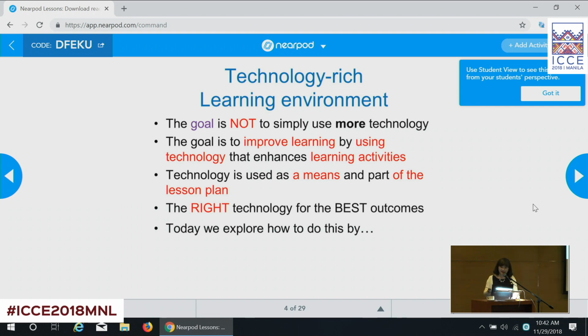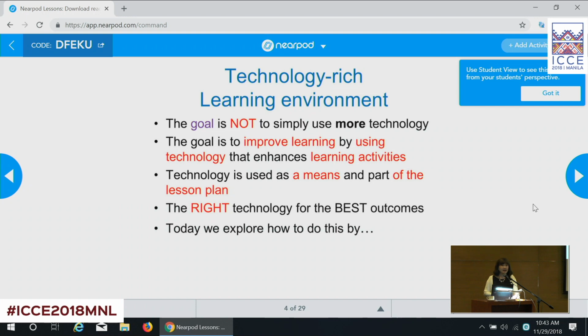In this sense, technology is used as a means to an end, not the end in itself. And technology should be part of the lesson plan. It should always support a learning activity, but should not be thought of as a learning activity in and of itself. If the right technology is chosen and used properly, then it would eventually lead to the best learning outcome for the students.